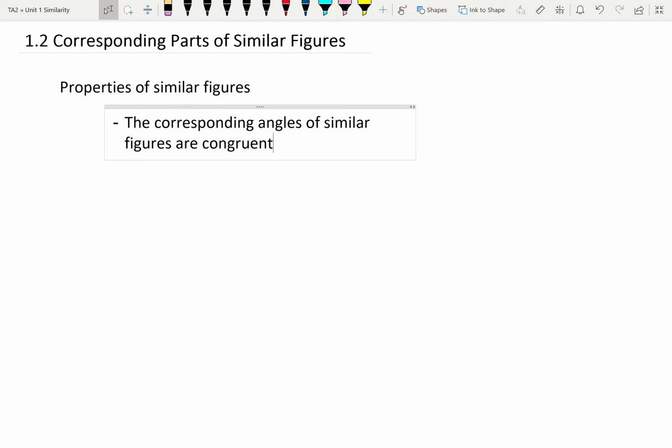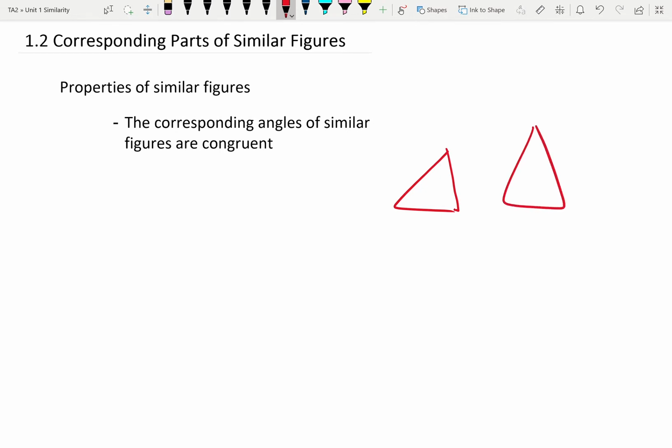So if you have something like this, a triangle, and these two triangles are similar, then we would know, for example, if A corresponds with D, that A and D are the same angle. So if A was 50 degrees, then D would also be 50 degrees. So that's what we mean when corresponding angles of similar figures are congruent.